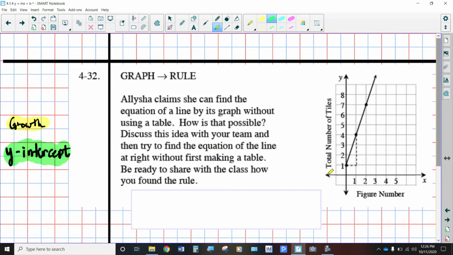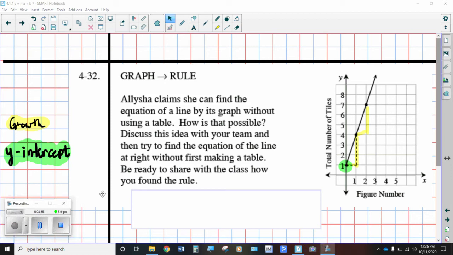So where is the starting point here? That would be the y-intercept, correct? And where do you see the growth? You see the growth rate happening here. And you could see it there, or you could also see it here, or you could see it between any 2 points, okay? So go ahead and take some time to see if you can figure out what the growth rate is and what the y-intercept is, and then what the rule is.